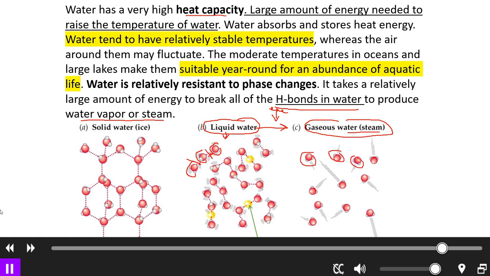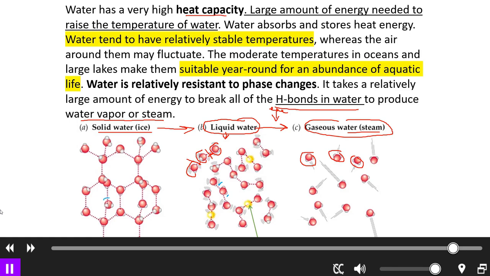And the same happens if we want to convert ice or solid water into liquid water. As you can see, liquid water has a smaller amount of hydrogen bonds compared to solid water or ice. It's more structured.